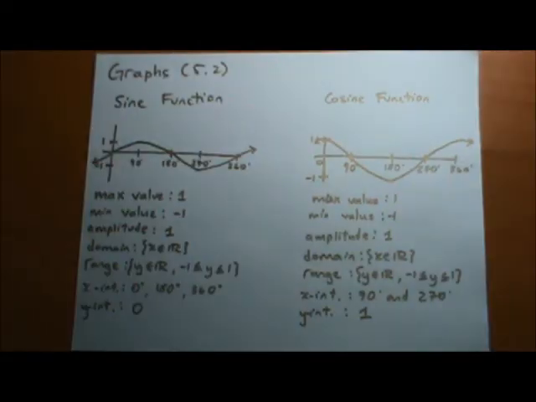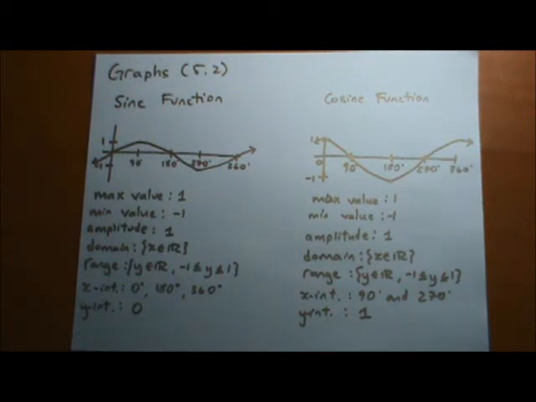There's only one main key term in section 5.2, and that is sinusoidal. This means having the curved form of a sine wave. In section 5.2, the graphs are the most important thing. Here you have 2 graphs, the sine and the cosine function. To your left you have the sine function, which intersects the x-axis at 0, 180, and 360 degrees.